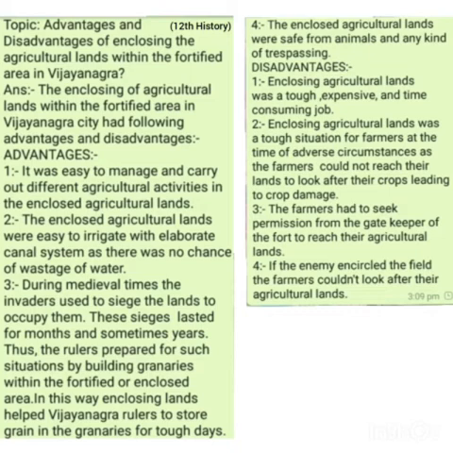Number three, the farmers had to seek permission of the gatekeeper to reach their fields in the fortified area. Whenever any farmer had to approach his agricultural land within the enclosed area, he had to seek permission from the gatekeeper. If the gatekeeper gave him permission at the gate of the fort, he could go in.